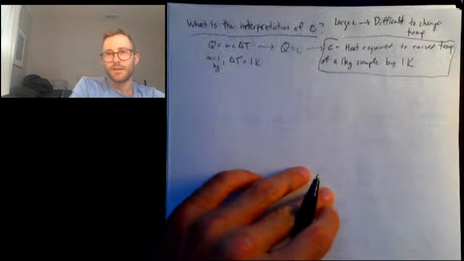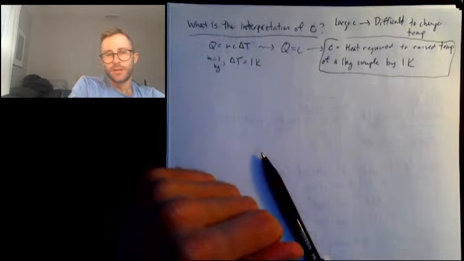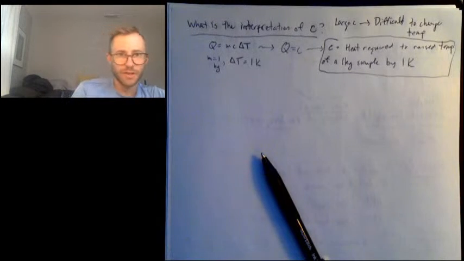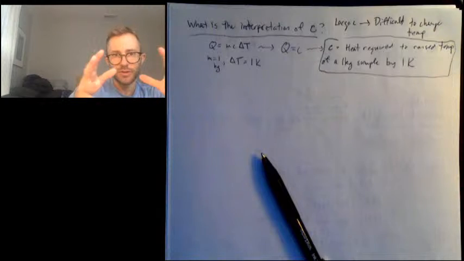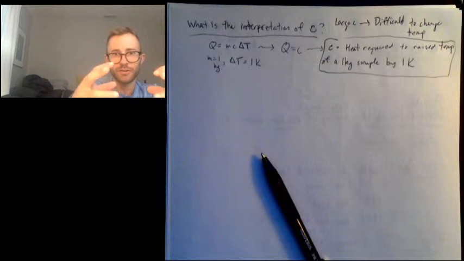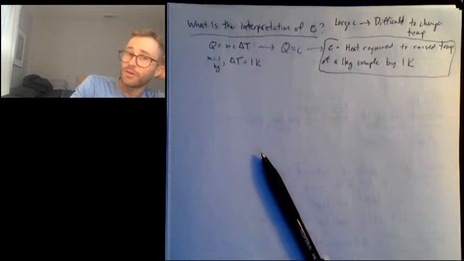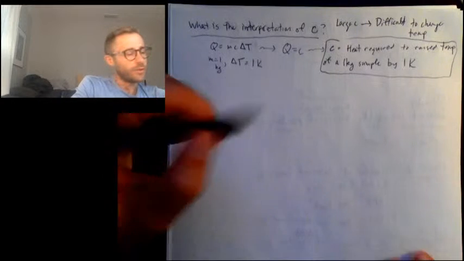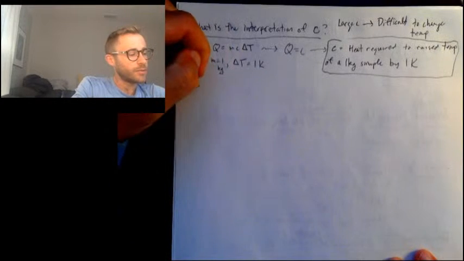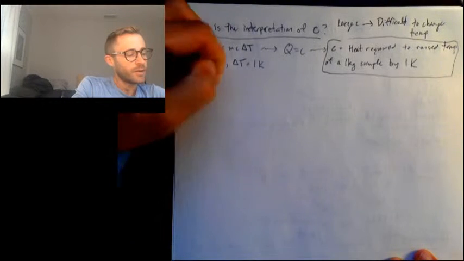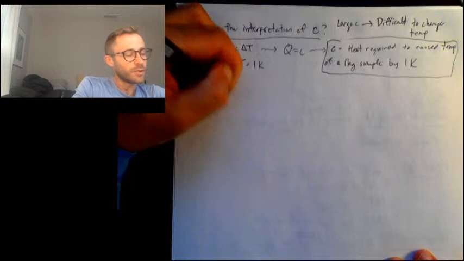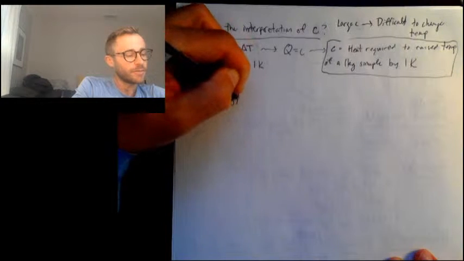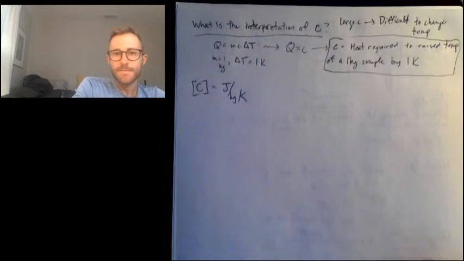So things with a large specific heat capacity, their temperature stays more constant than things that don't have a large specific heat capacity. By the way, the units of specific heat capacity are joules per kilogram per Kelvin.